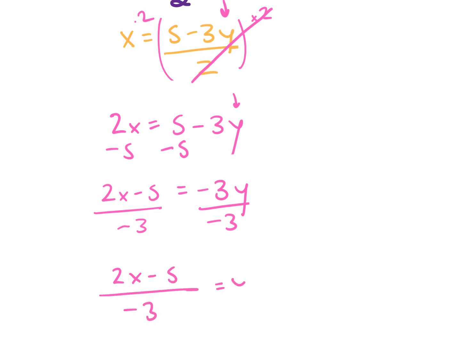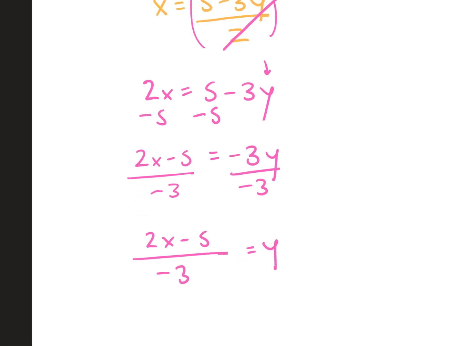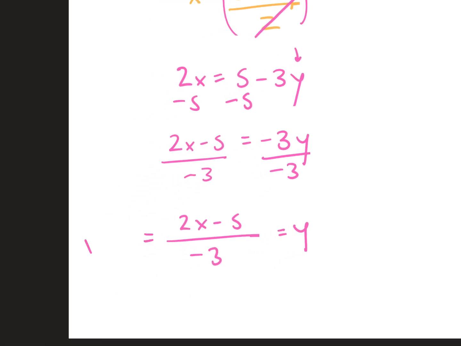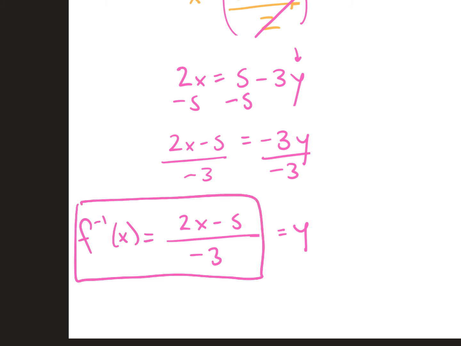It's equal to y, but this we now said is our inverse. So I'm going to call it f negative 1 of x. So that's the f inverse of x. So we just add this at the end to call it the inverse.